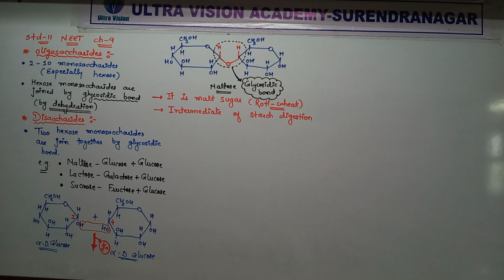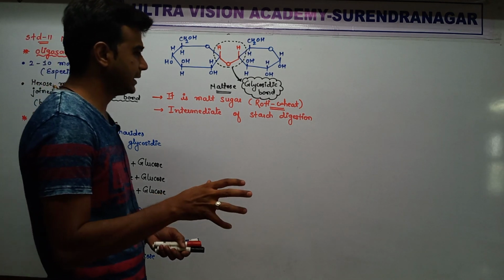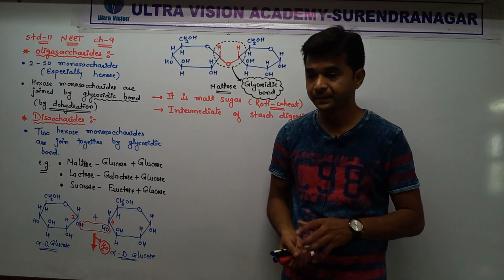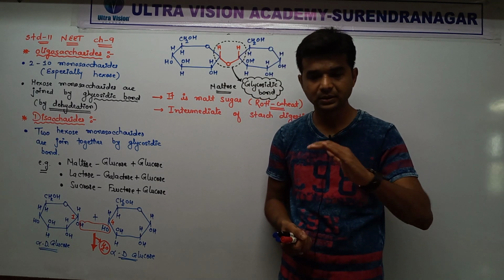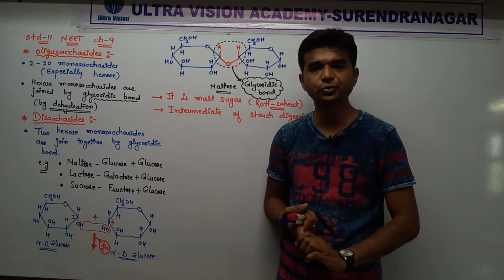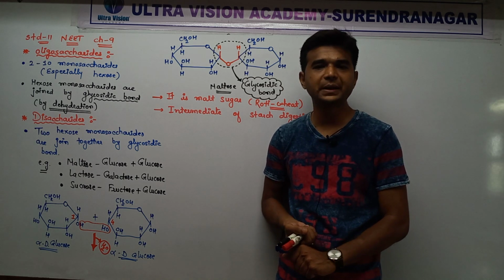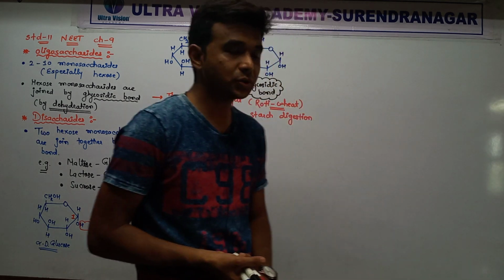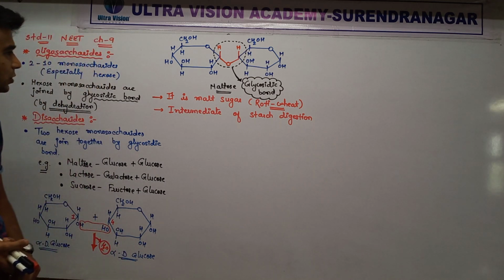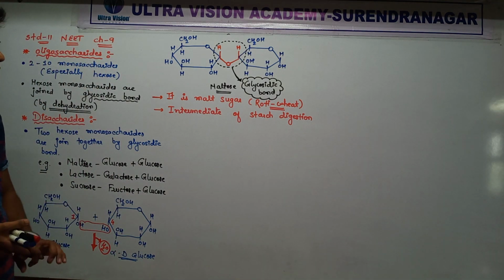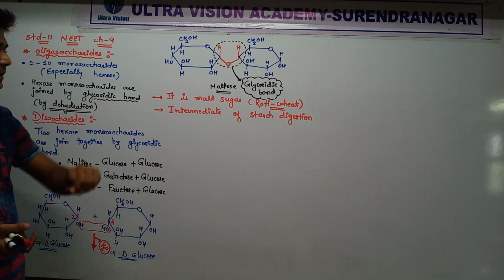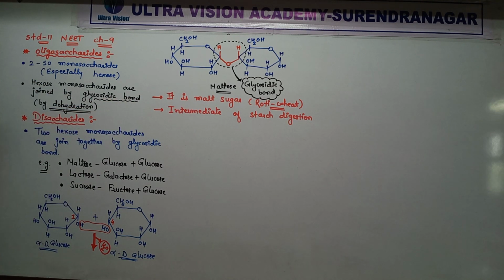If you remember in the 16th chapter, the digestion process, we learned that starch is converted into maltose, lactose and sucrose type of disaccharides with the help of the maltase enzyme. Maltose is later converted into two molecules of glucose with the help of the maltase enzyme, which is present in the pancreatic juice. So this is about maltose.